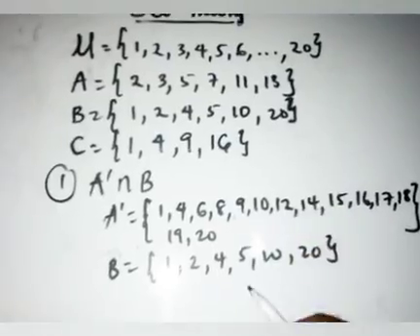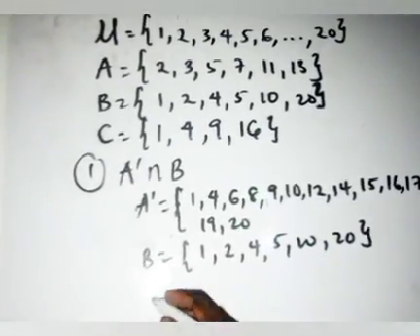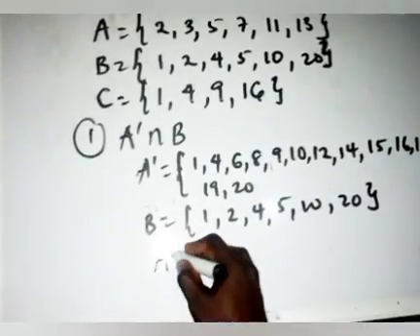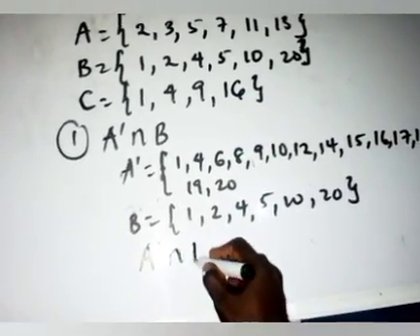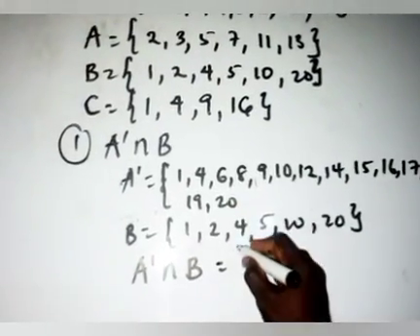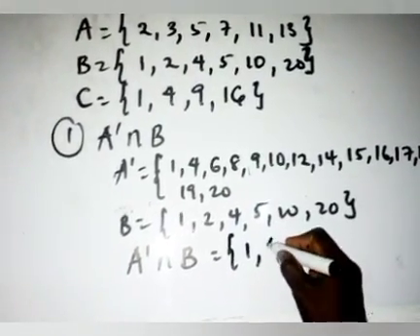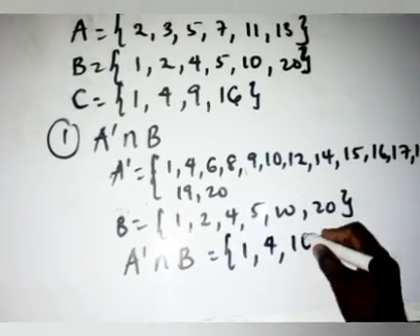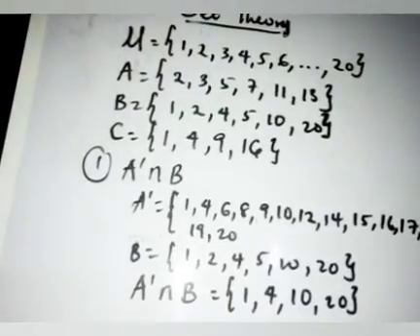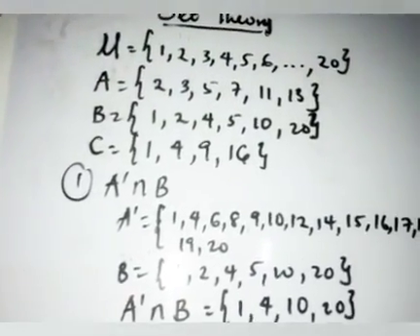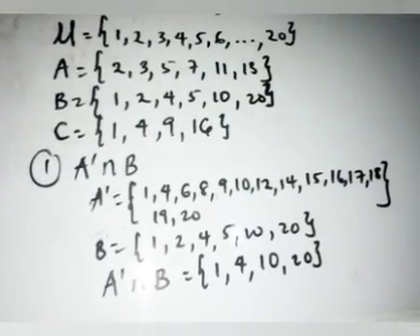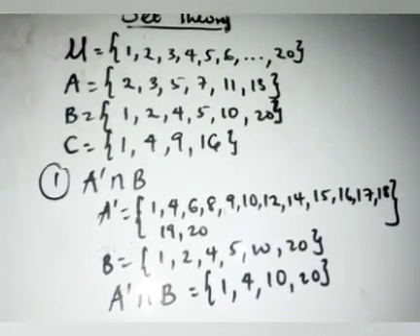Intersection means what is common in both sets, that is A prime and B. So A prime intersection B will be equal to what is common. 1 is common, 4 is common, 10 is common, and 20 is common. These are the elements in A prime intersection B. Then we'll go to the second one.